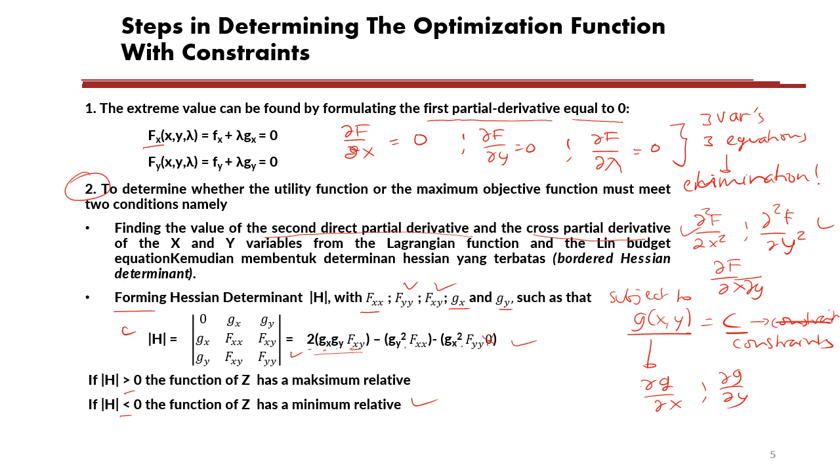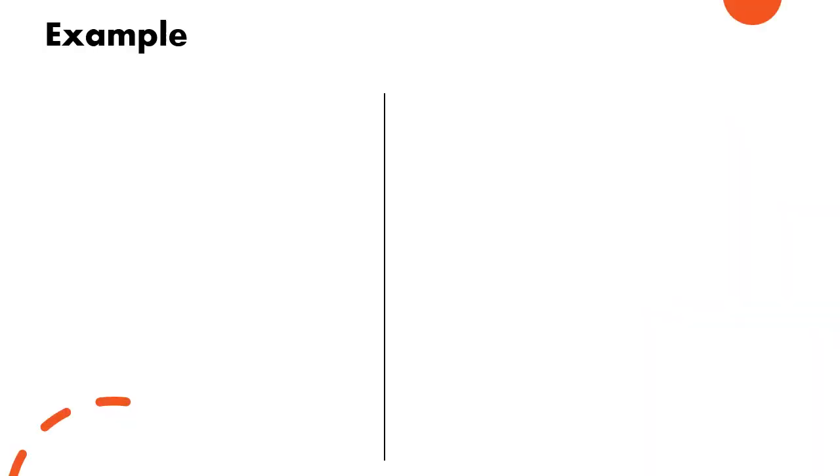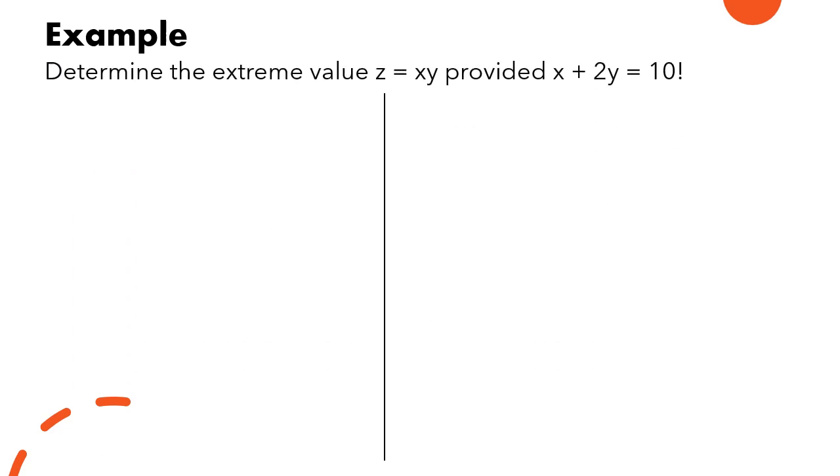All right. Now we are going to do an example here. Determine the extreme value of z equals xy, provided x plus 2y equals 10.